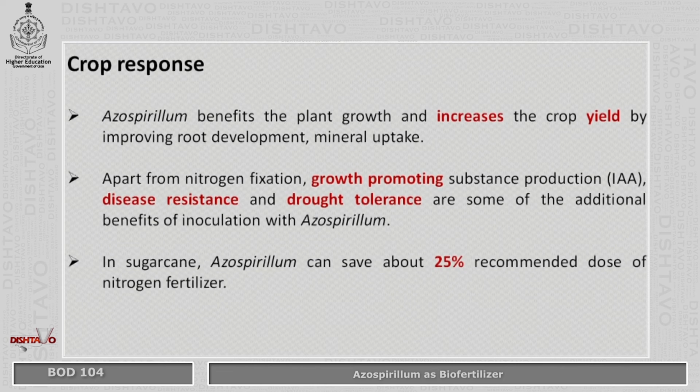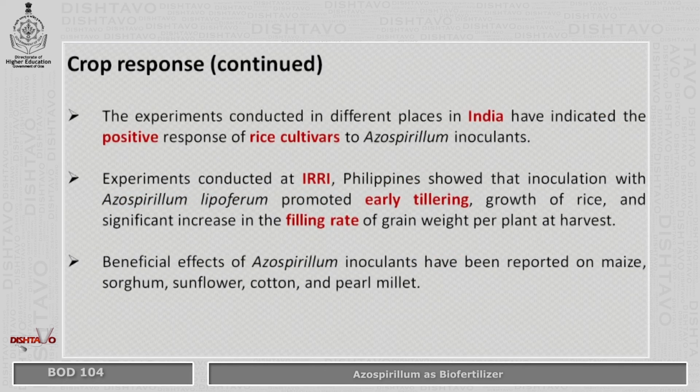When applied to the sugarcane crop, Azospirillum can save about 25% of the recommended dose of nitrogen fertilizer. Experiments conducted in different places in India have indicated the positive response of rice cultivars to Azospirillum inoculants.